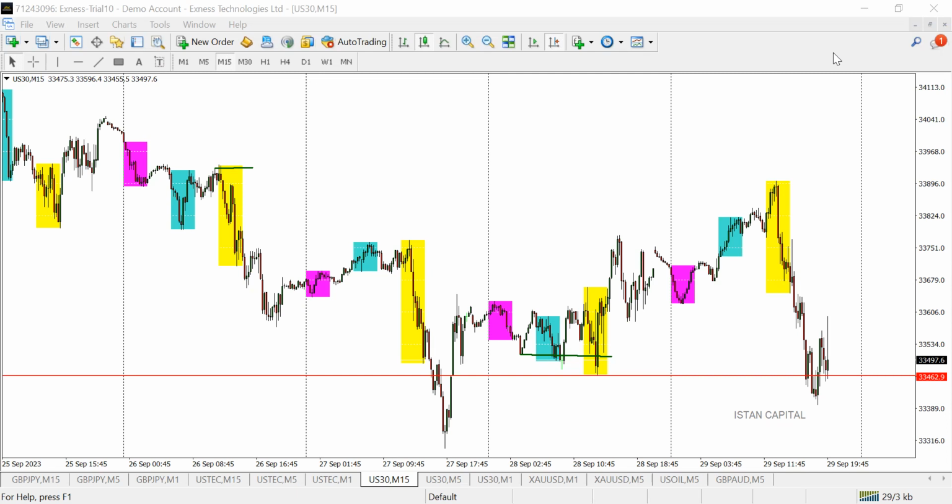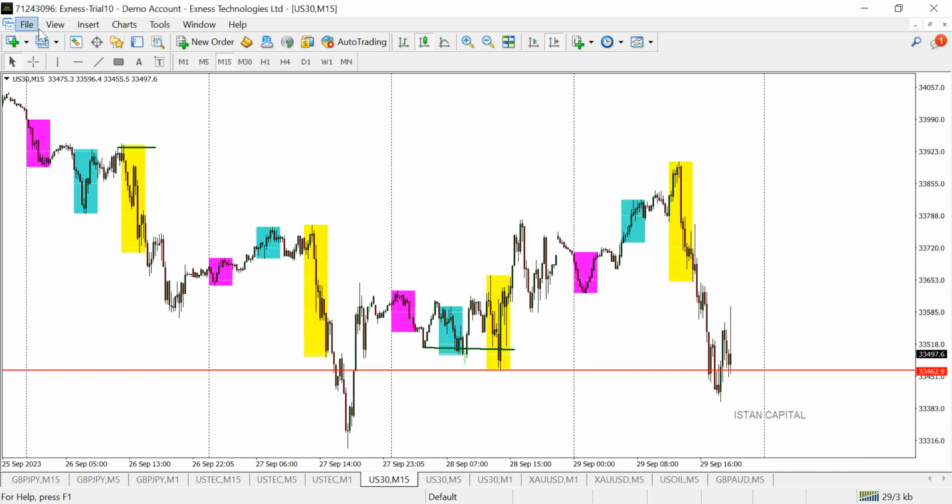So basically, let me just go through the strategy right now. What I want to see right here is a market where we have a break of structure. I'm giving you an example right now. Let's say the market has been going up, it has been going up, it has been going up.